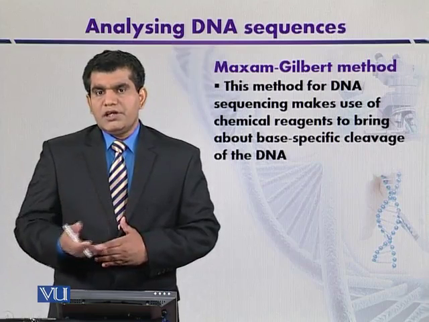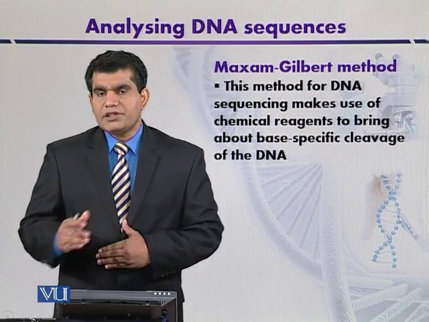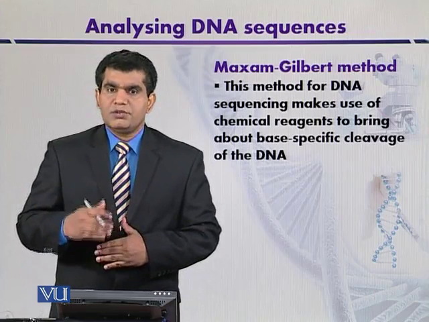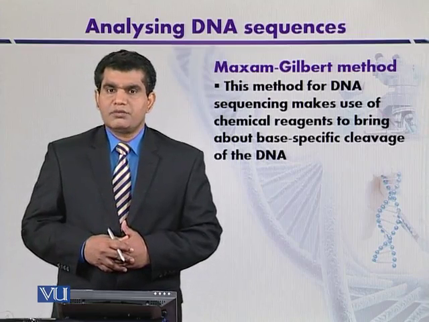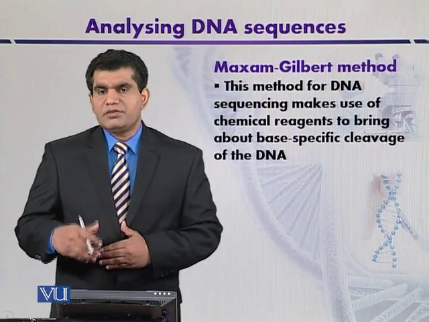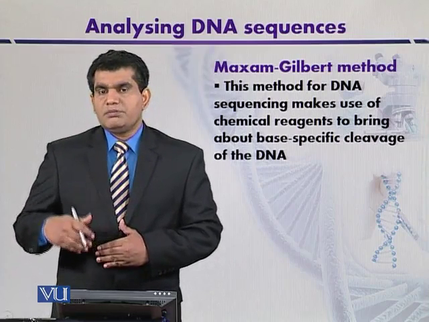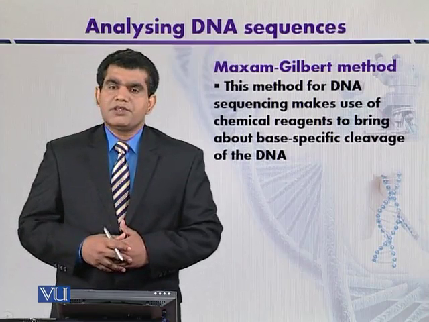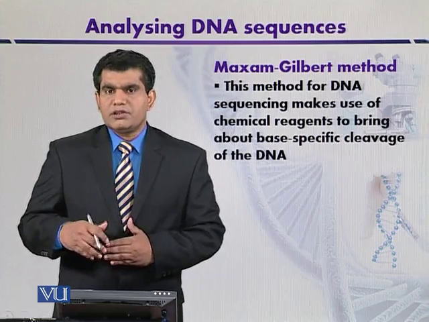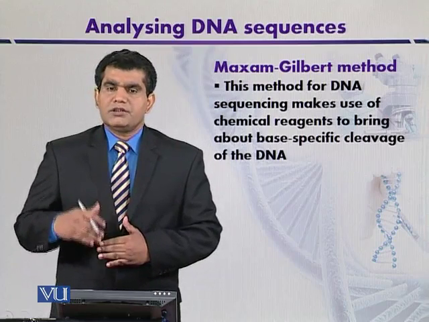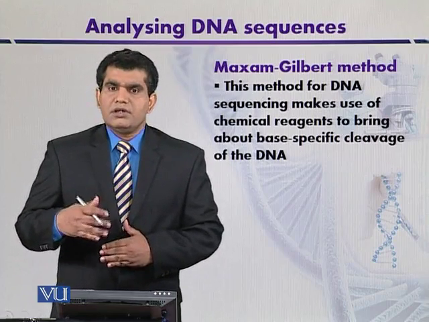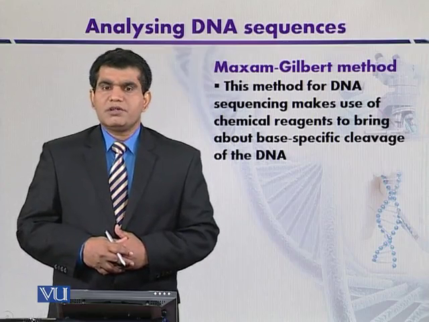Similarly here, after performing the reaction, the different fragments of the DNA can also be separated by polyacrylamide gel electrophoresis, and the percentage may be 6 to 20%, in the presence of 7 molar urea, that will prevent the formation of secondary structure of the DNA. We can also apply high voltage, maybe around 70 volts, so that the temperature will be high, and it will also prevent the formation of secondary structure.